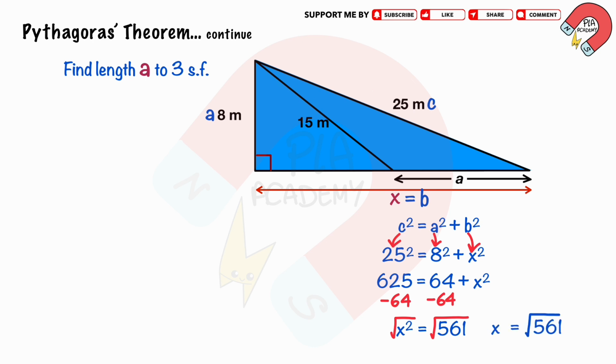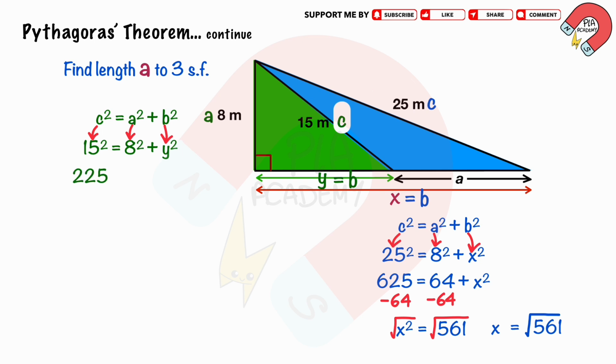Next, we look at the smaller right-angled triangle to find the length y. The longest side is 15 meters, and the other two sides are y and 8 meters. Apply the equation c squared equals a squared plus b squared again. Substitute the values 15 meters for c, 8 meters for a, and y for b.